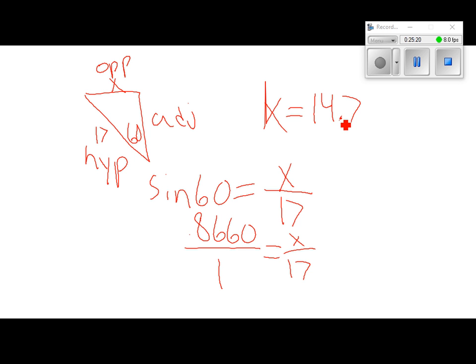Look up there, just look at TOA. Which trig ratio deals with opposite and hypotenuse? What's opposite start with? What's hypotenuse start with? Which one up there has the O and the H in it? The sine. So we write down sine.